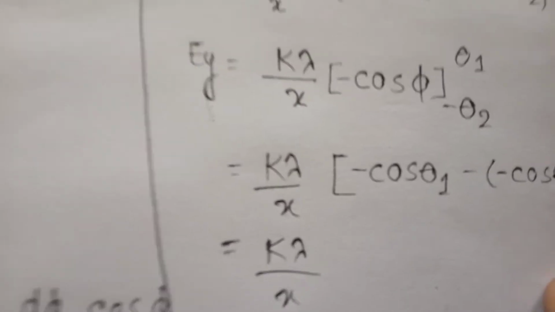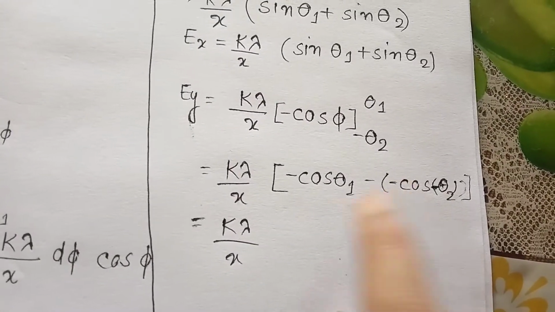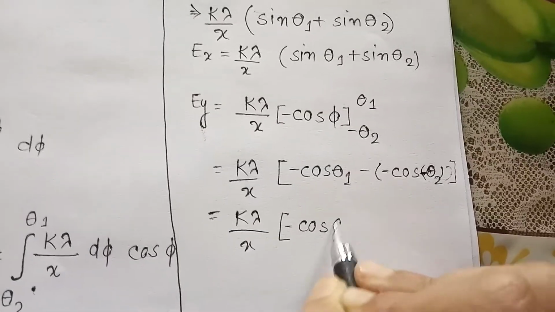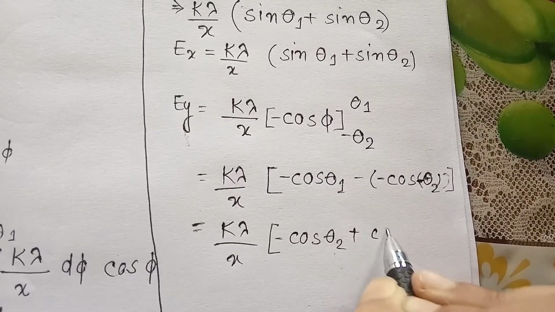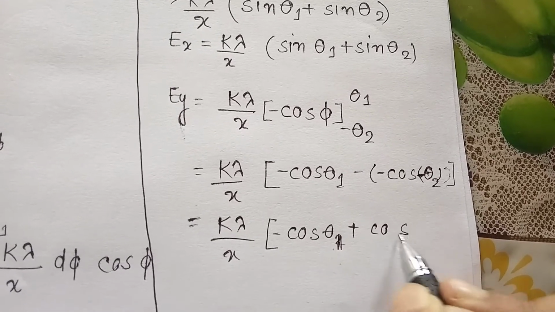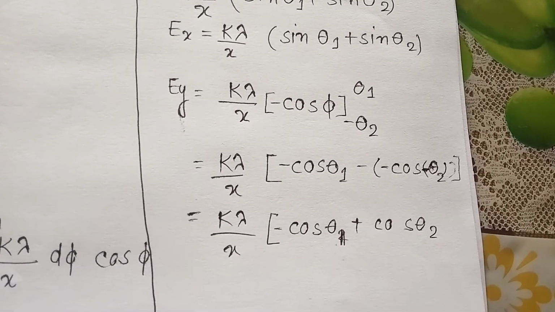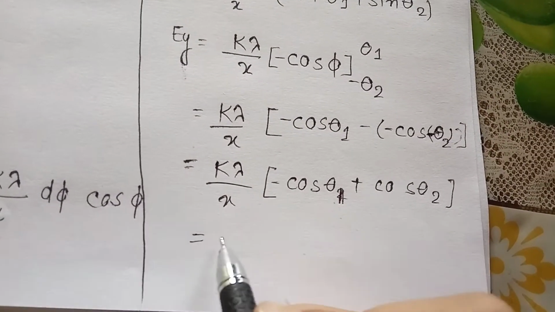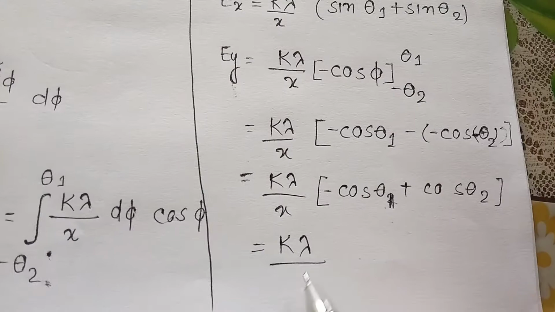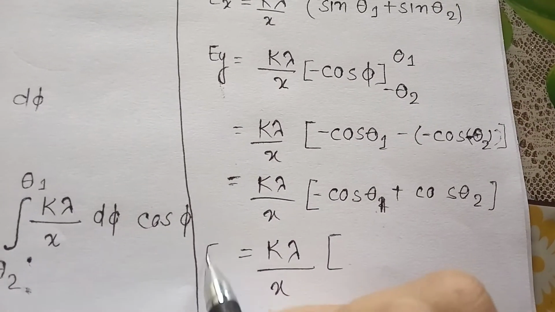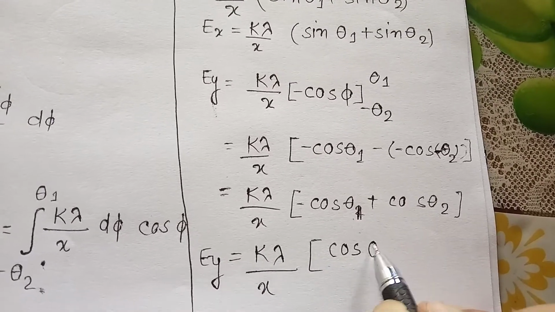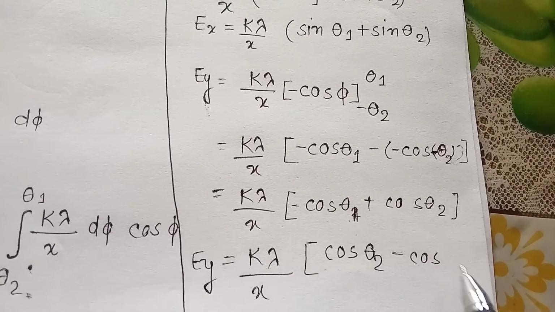So cos of minus theta 2 will become cos theta 2. So minus cos theta 1 plus cos theta 2. So we can write down that Ey is equal to k lambda by x into cos theta 2 minus cos theta 1.